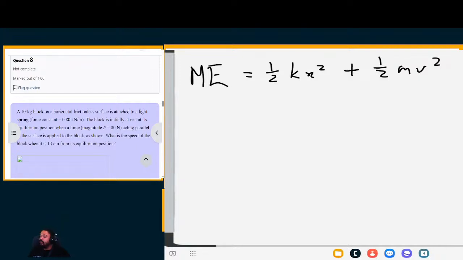Now we know that energy is the capacity to do work.